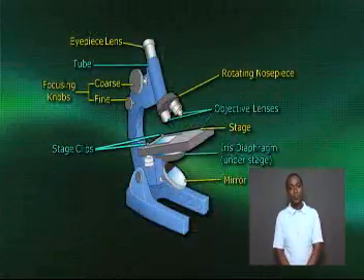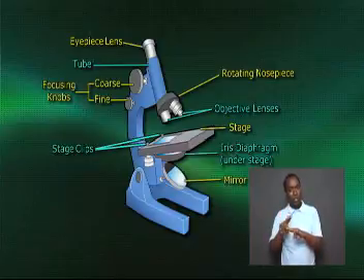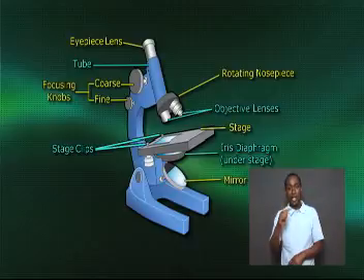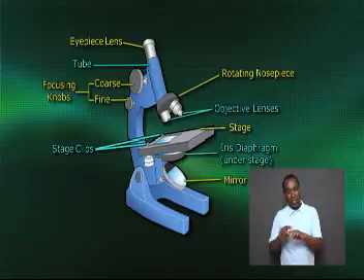Now, let us discuss how the microscope works. A specimen is placed on an area called the stage. The specimen is lit from underneath. Some light microscopes have a single lens.